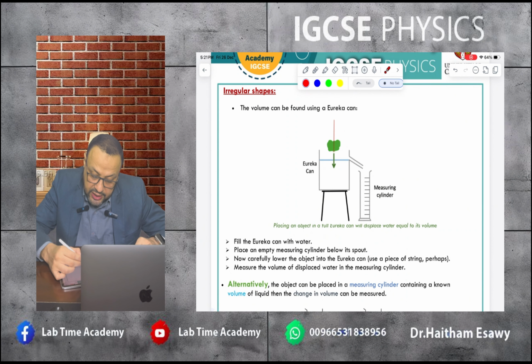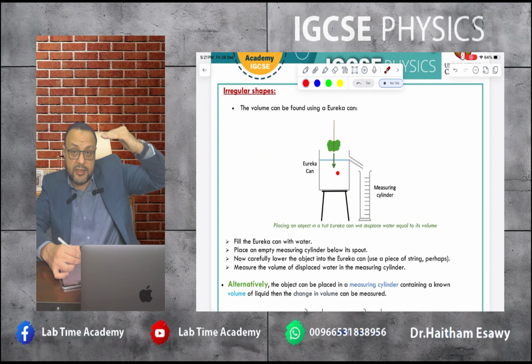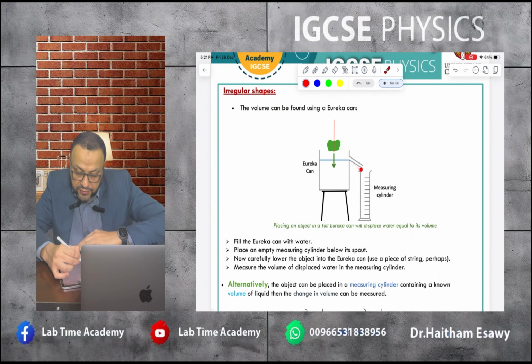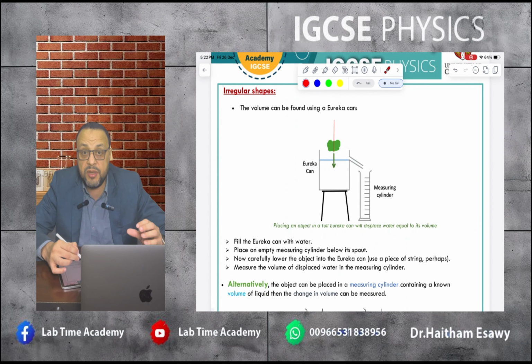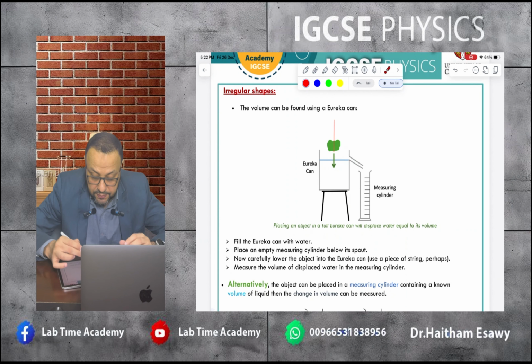I put the irregular shape in the water, so the level of the water rises and the water moves through the small tube into the measuring cylinder. So I can measure the water in the measuring cylinder, and this will be the volume of this irregular shape.